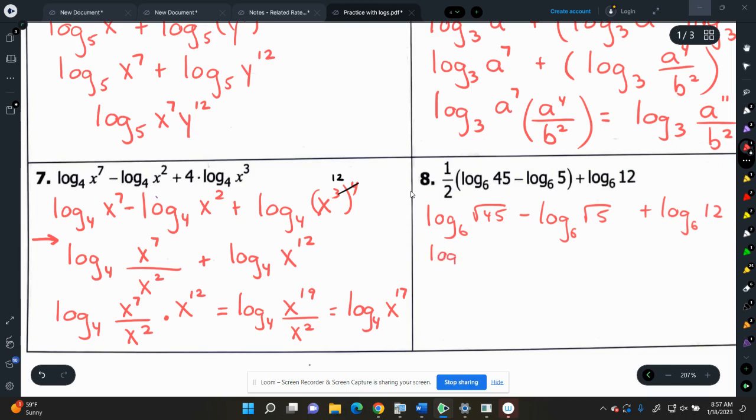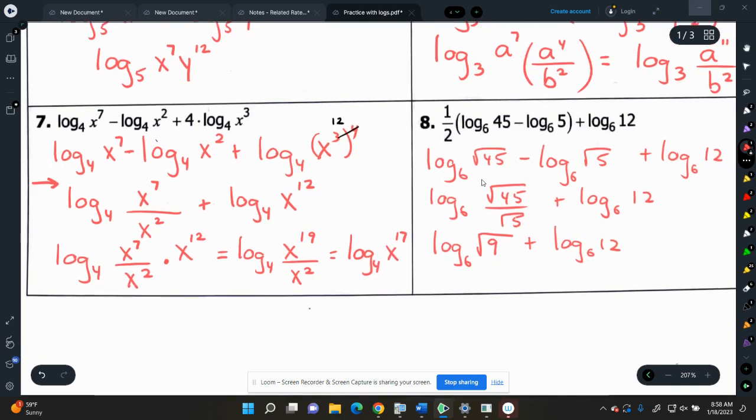So we've got log base 6 of the square root of 45 over the square root of 5 plus log base 6 of 12. So this is log base 6 of the square root of 9, sorry, plus log base 6 of 12. So this is log base 6 of 3. Square root of 9 is 3.